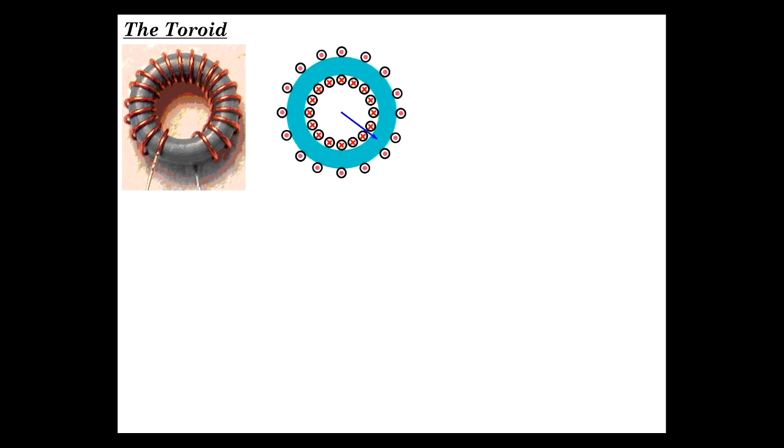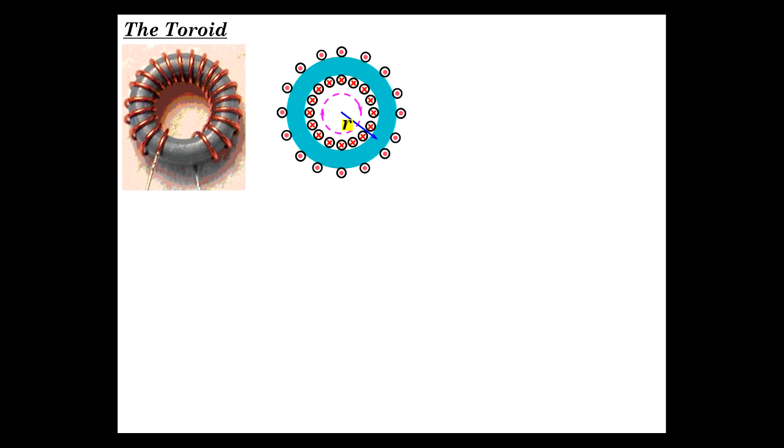So here it is, a cross section. Let's slice through it. The whole toroid has radius little r, and you notice that I have the current going in here, and it circulates all the way around and comes out this side. Then you can see that these wires on the inside are all going into the screen, and on the outside they're coming out of the screen.